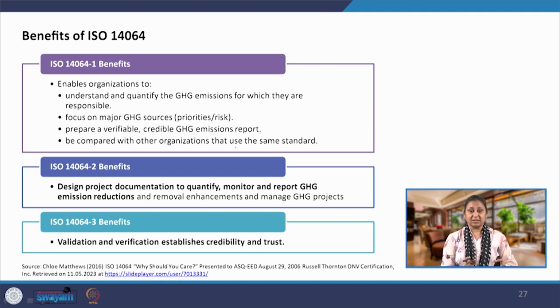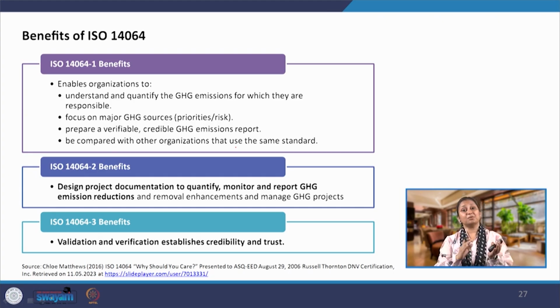It helps them understand their own greenhouse gas emissions, where the emissions are resulting, and how we can reduce them. If organizations have good intent and follow 14064, they will be able to locate where the emissions are happening within their organizations and operations, address them specifically, and also prepare a verifiable and credible GHG emissions report.